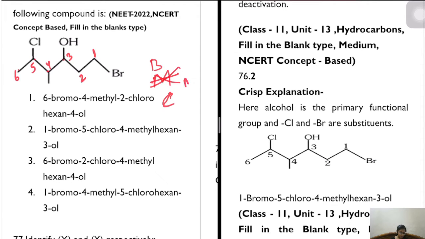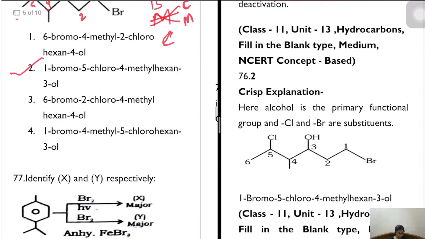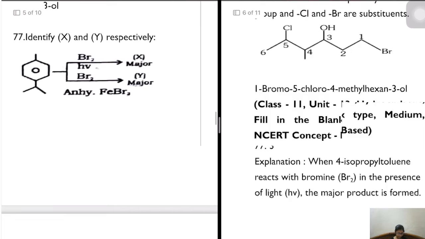Because M comes after C. So we'll have 1 bromo, then 5 chloro, then 4 methyl, hexan-3-ol. Okay? Which matches the option? It's 2. So let's move to the next question.